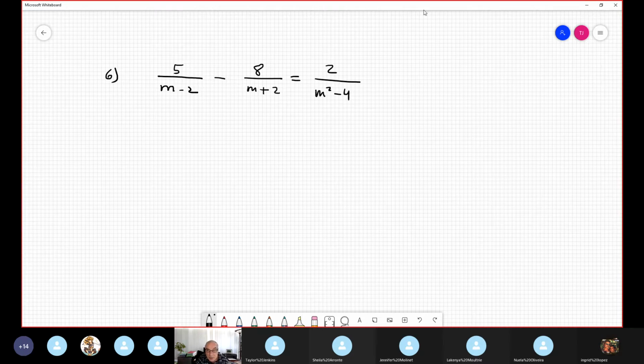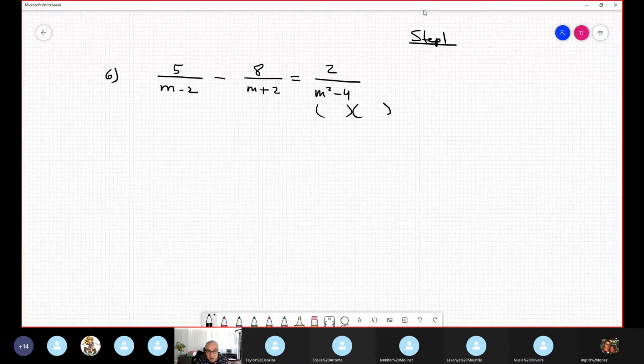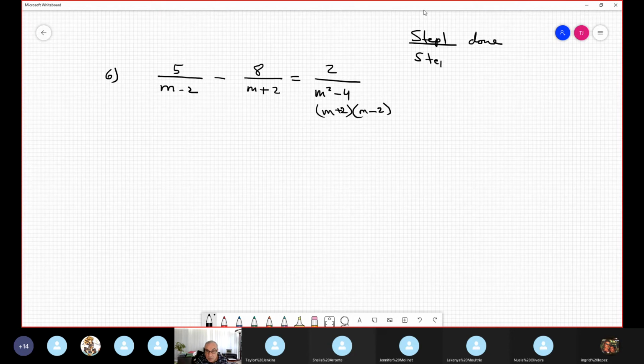What should I do? Step 1. We need to do the factorization. Prime, but this is not prime. The factorization is m plus or minus 2. Done. Step 2, LCD.